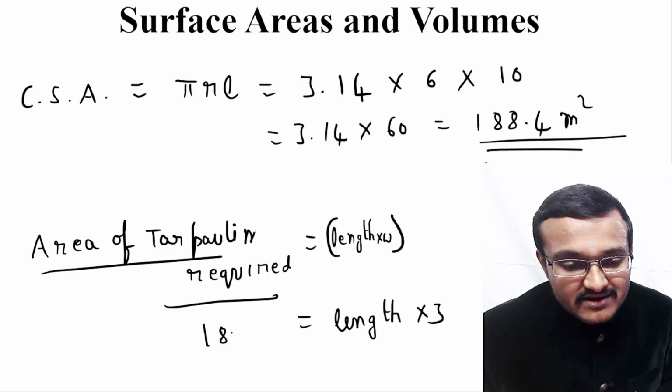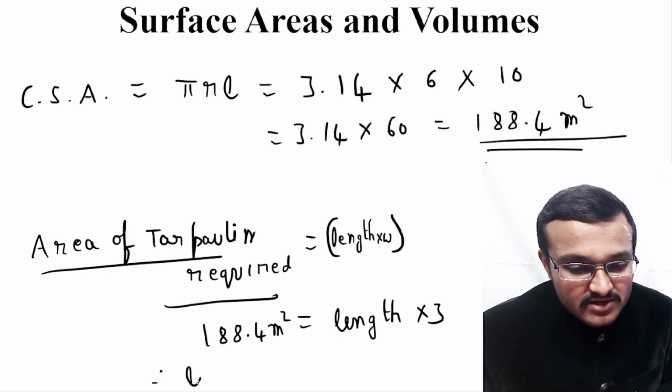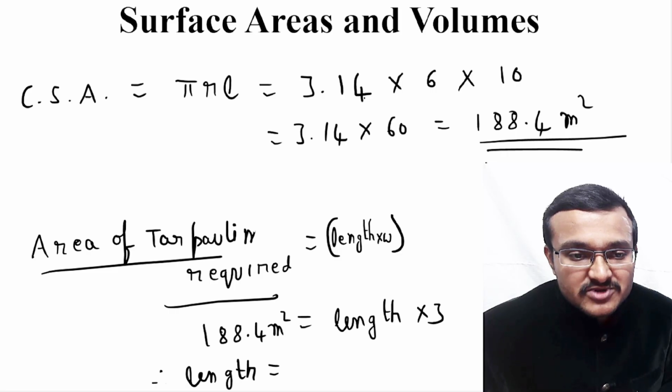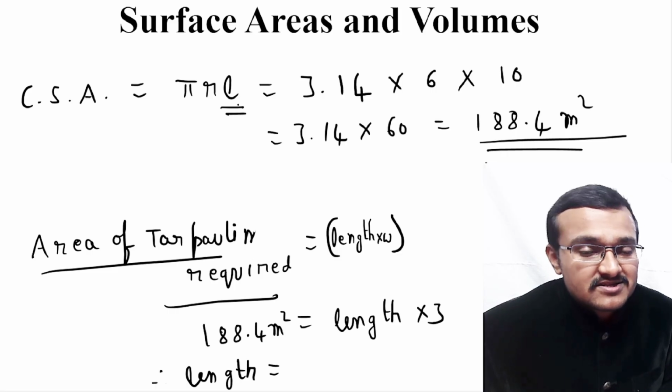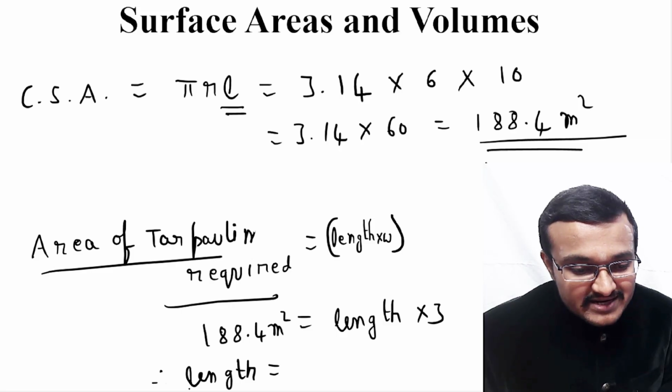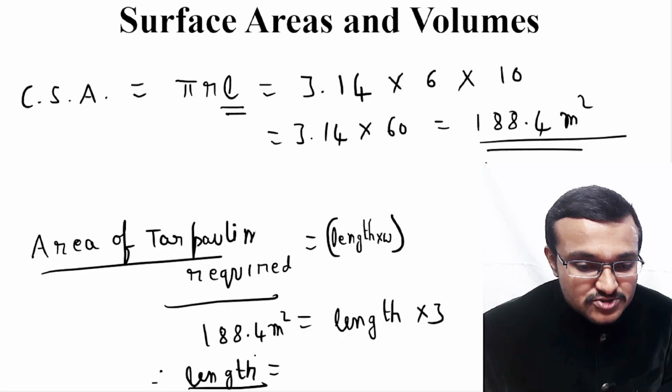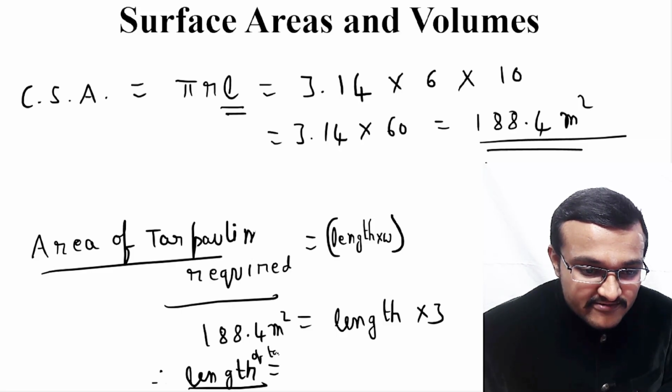So area we have calculated as 188.4 meter square. So therefore length of tarpaulin required, why I am not writing small l is because we have already taken L as slant height of this cone. So that's why I am writing length of tarpaulin.